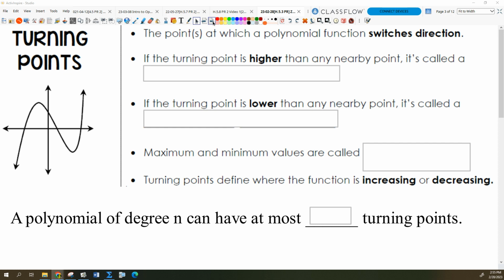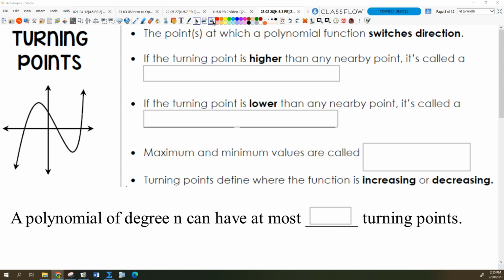So the points at which a polynomial function switches direction are called the turning points, right? So for example, on this little sketch right here, that's a turning point and that's a turning point. Places where it changes direction.